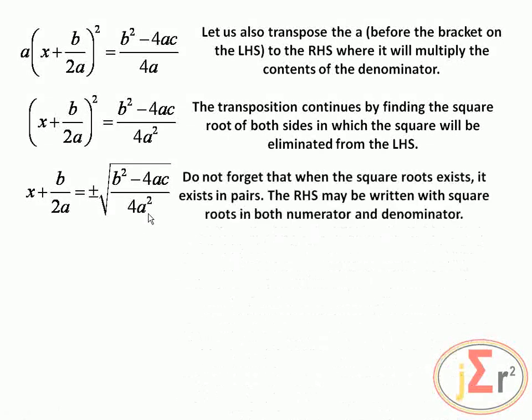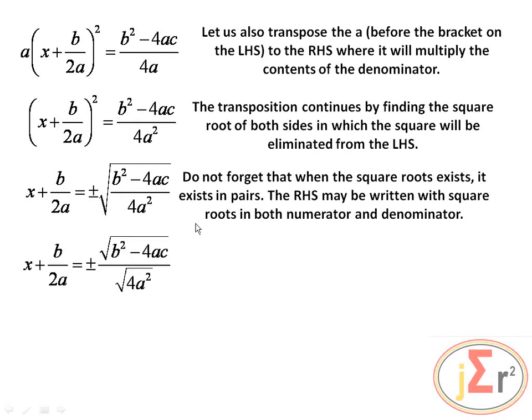And do not forget that when the square root exists, it exists in pairs. The right hand side may be written with square root in both numerator and denominator. Do not forget that the square roots will always occur in pairs. So that is why we have a plus and a minus sign right there.